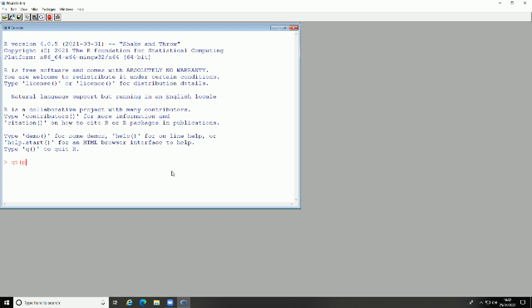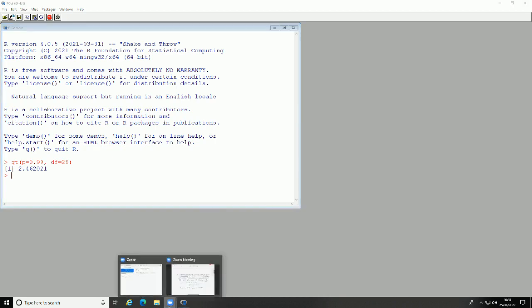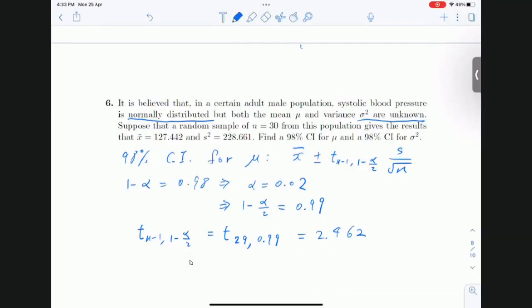You need to input the probability for calculating the quantile, so p is 0.99 because we want the 0.99 quantile. You also need to input the degrees of freedom, which is 29. You will find that it is equal to 2.462. You may also find the same number from the t distribution table.